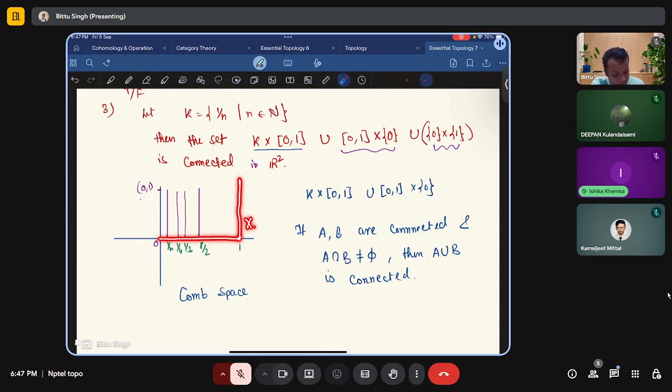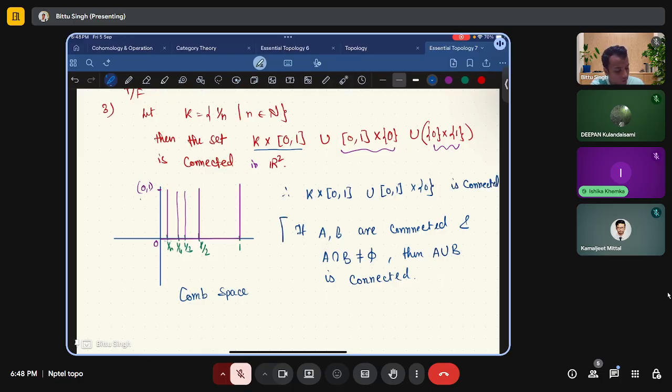So now consider X equal to this and Y equal to this space. Again, X and Y intersect at this point. X and Y both are connected. They have non-empty intersection. Therefore, their union is connected. And inductively, this will hold for all those pieces, right? Therefore, it is clear this is connected.